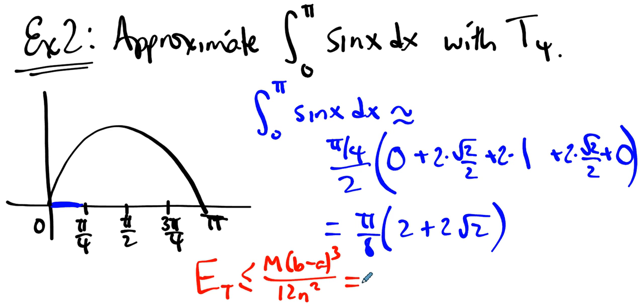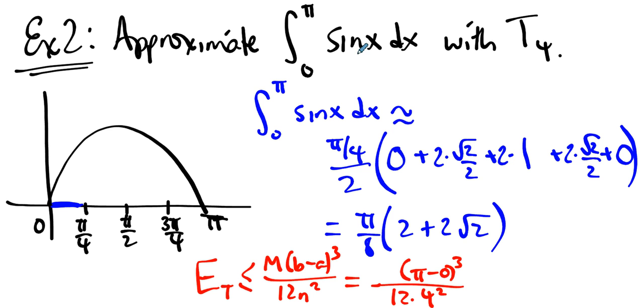Well, in this case, (b minus a) cubed over 12n squared. What's M? M is the biggest that f double prime could possibly be. Well, this is f. F prime is cosine x. F double prime is negative sine x.